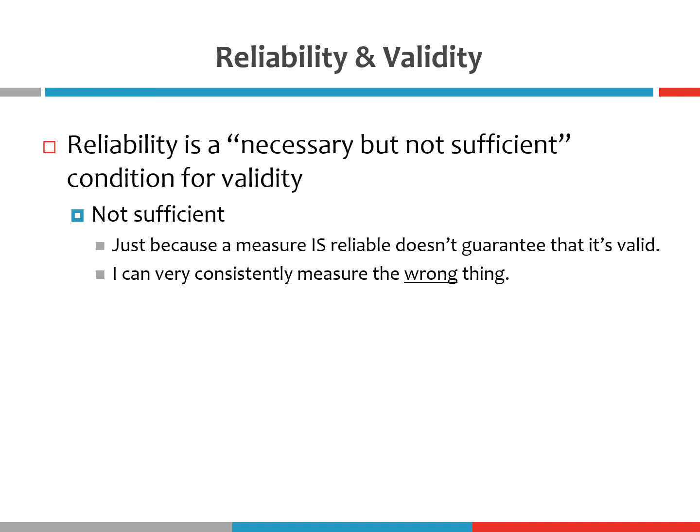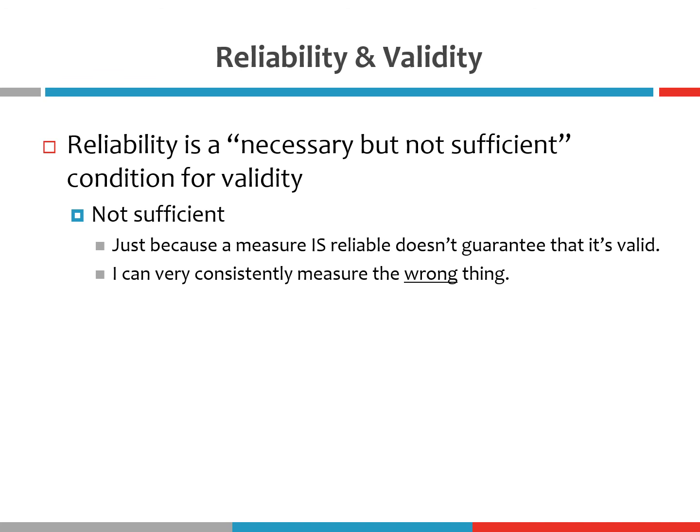So what do I mean by that? Well, just because our measure is reliable doesn't necessarily guarantee that it's valid, because you can very consistently measure the wrong thing, right? So the example that I first used of using a tape measure to measure the circumference of the head, right?